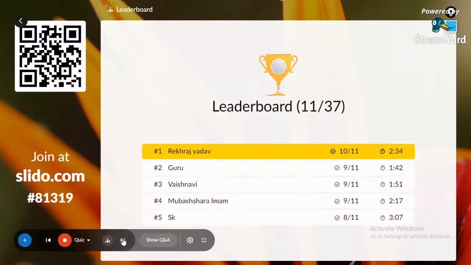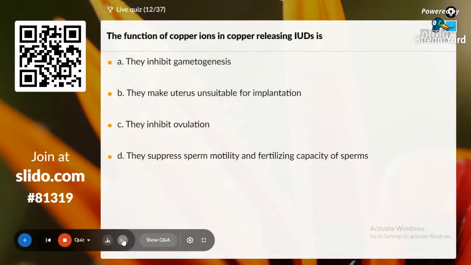12th question on the screen. Very easy question from the chapter Reproductive Health. The function of copper ions in copper releasing IUDs, intrauterine devices, is option A, they inhibit gametogenesis. B, they make uterus unsuitable for implantation. C, they inhibit ovulation.